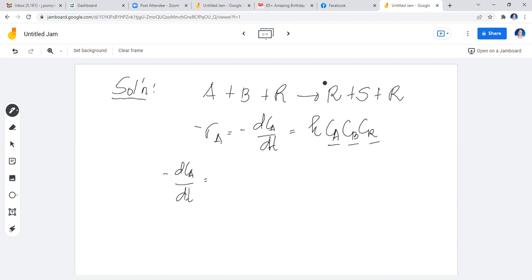What will you do with it? Patrick Tagle, what will you do with the C sub B and the C sub R? Yung parentheses siya, miss.